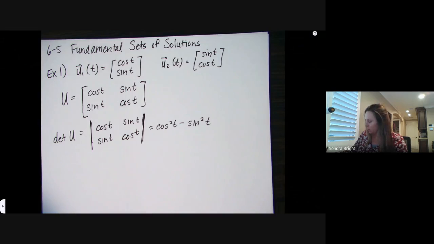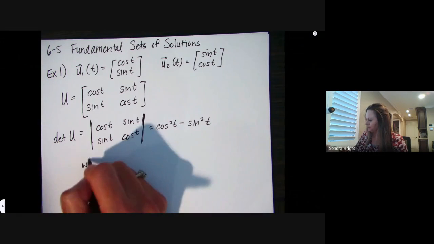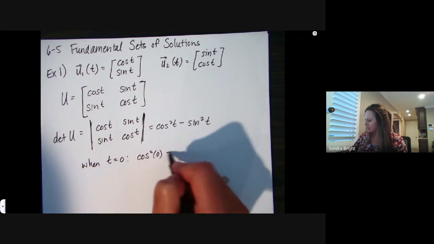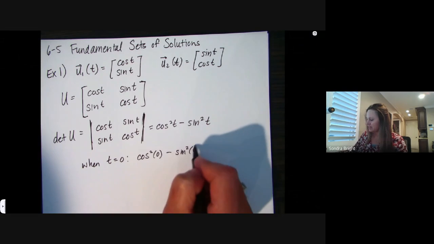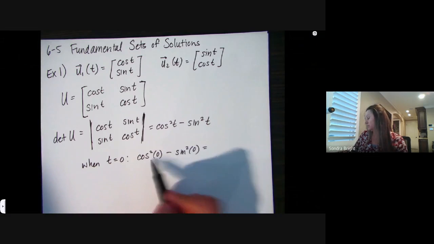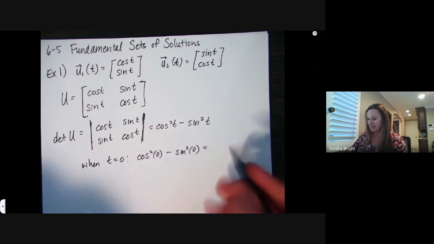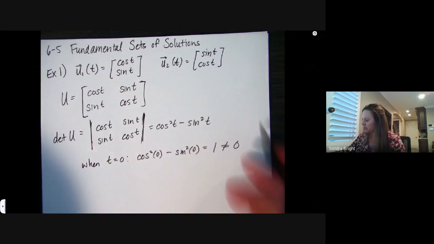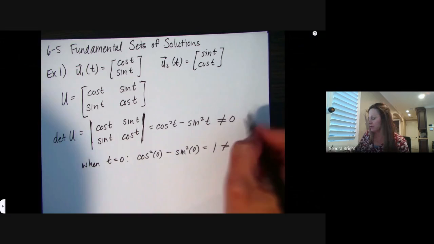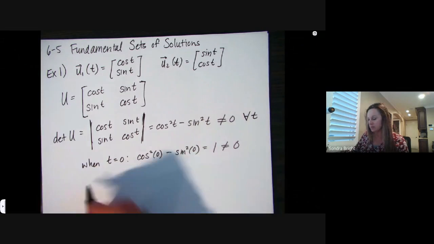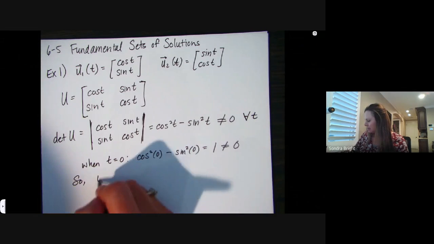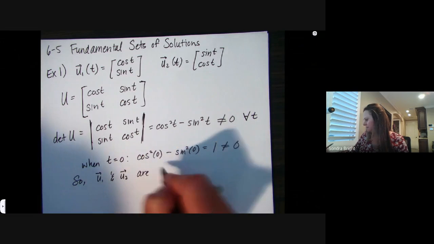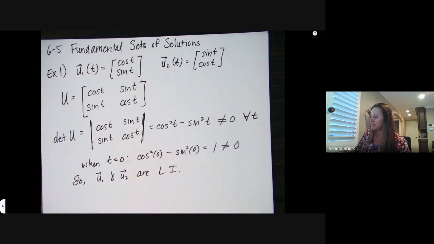How about when t equals 0? You would have cosine squared of 0 minus sine squared of 0. Cosine of 0 is 1 and sine of 0 is 0. So this is 1, which is not 0. That means the determinant is not equal to 0 for all t in that interval, and so u1 and u2 are linearly independent, since it wasn't equal to 0 for every single t value.